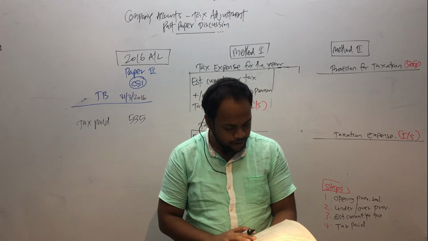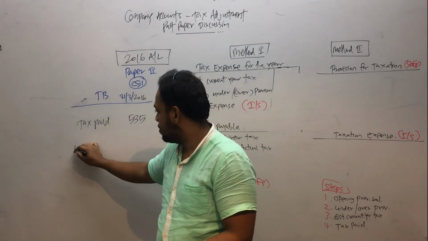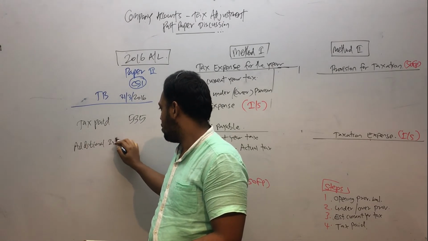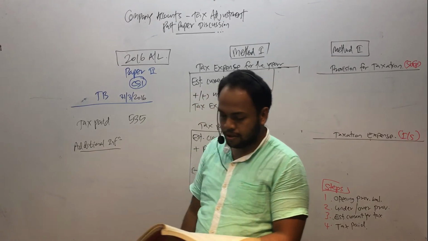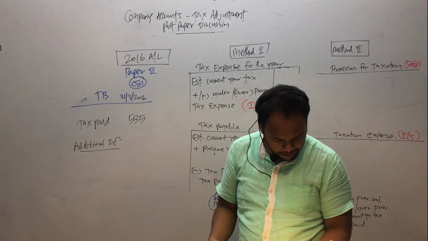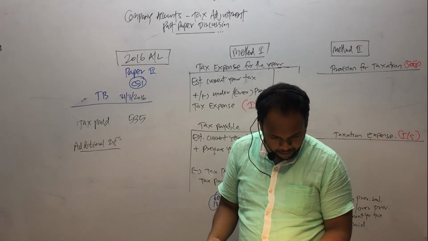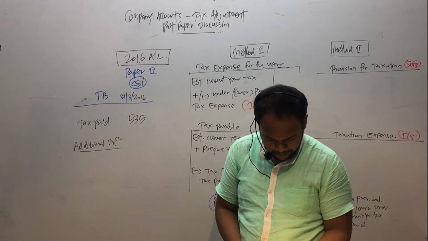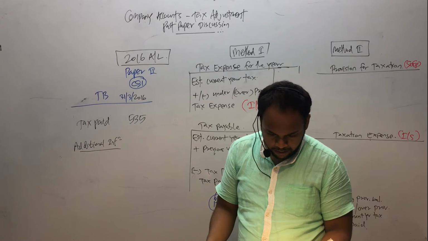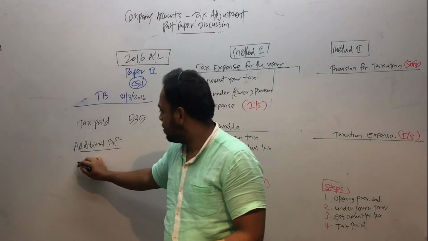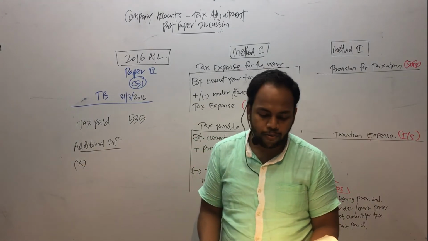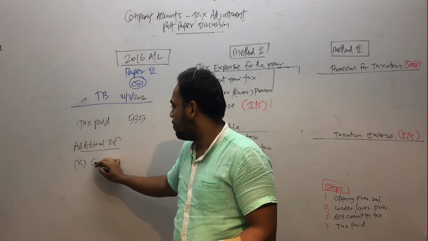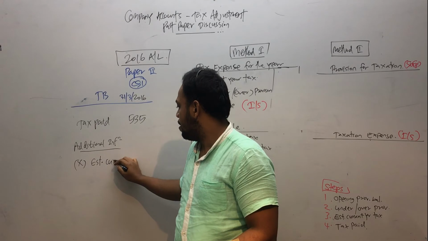Then additional information, number 10. There you have income tax for the current year is estimated as 500.